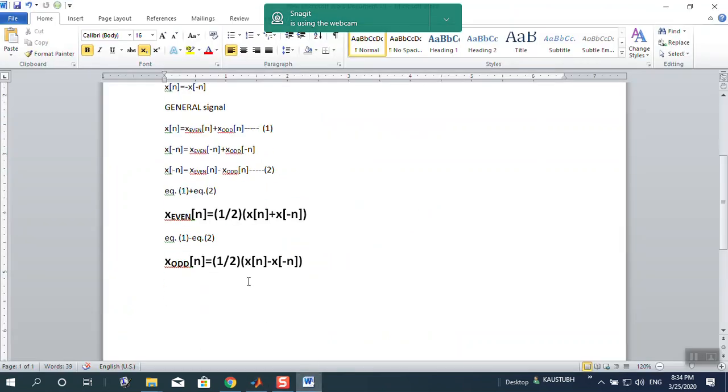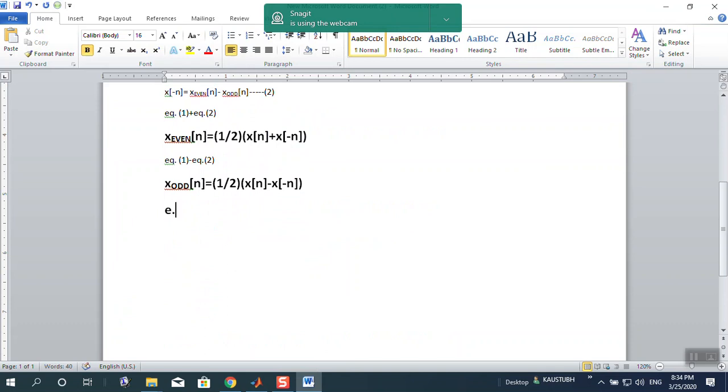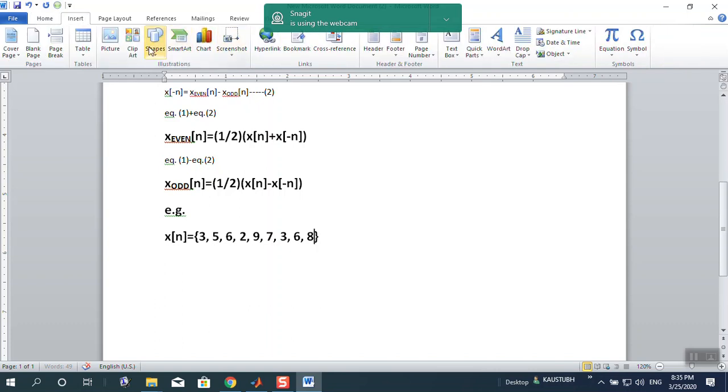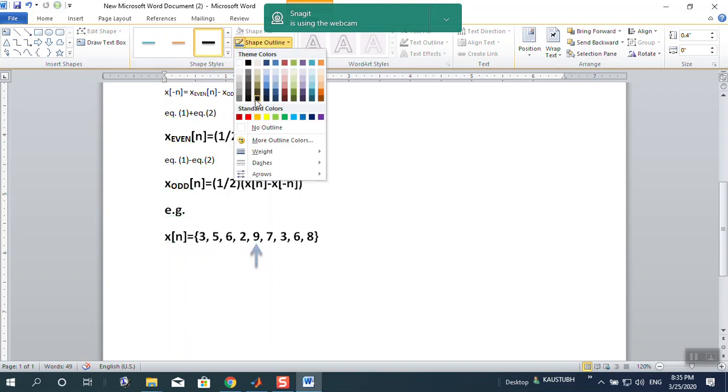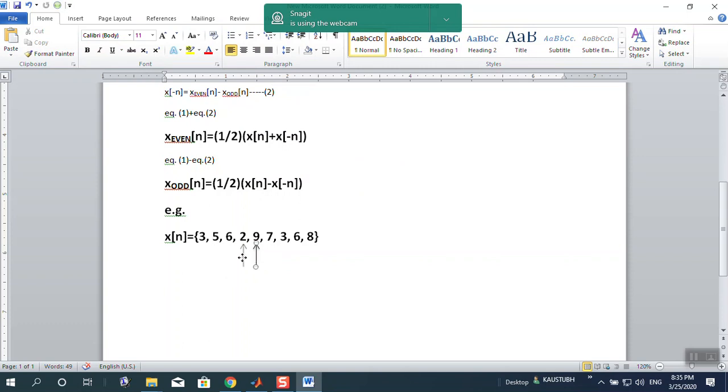So how do we explain this? Just for example, suppose x of n is equal to 3, 5, 6, 2, 9, 7, 3, 6, 8, and suppose somewhere here is my starting point, that means origin n is equal to 0.